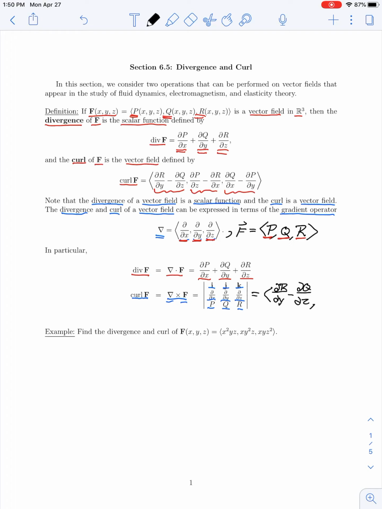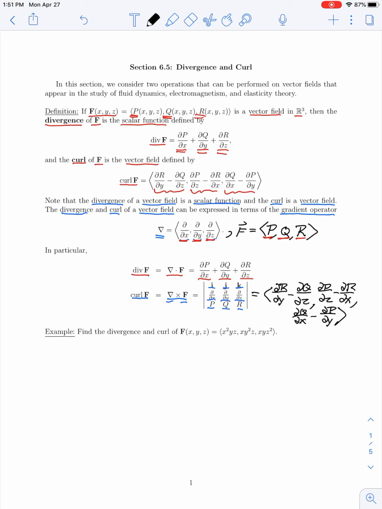To get our second component, the j component, we would take the partial of P with respect to z, and then subtract the partial of R with respect to x. And to get that third component, the k component, we would take the partial derivative of Q with respect to x and subtract the partial derivative of P with respect to y.